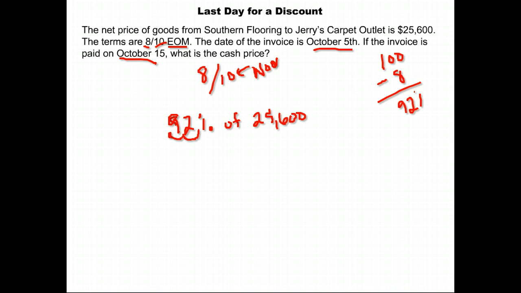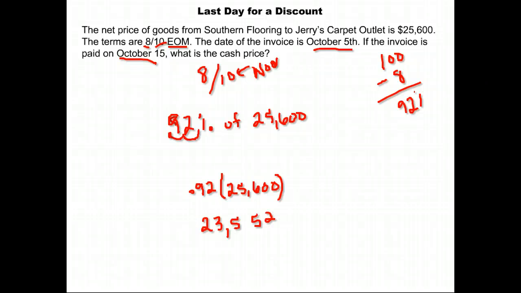Move the decimal 2 places to the left and multiply. And we find that they get to pay $23,552. So you can see for businesses, this is a really good deal. He only paid $23,552 instead of $25,600 because they paid early.